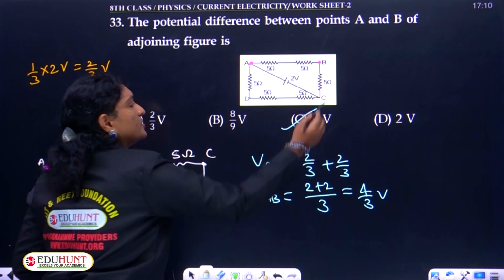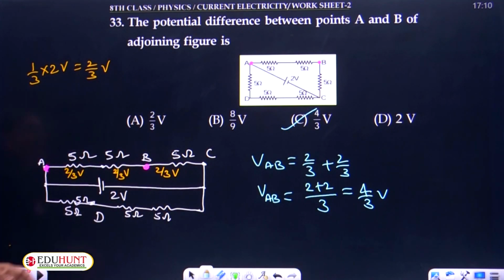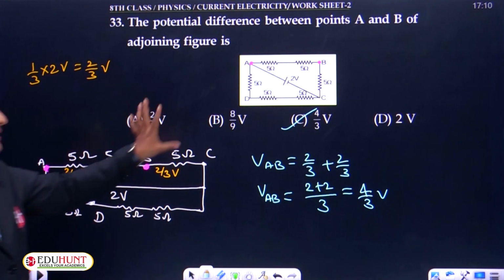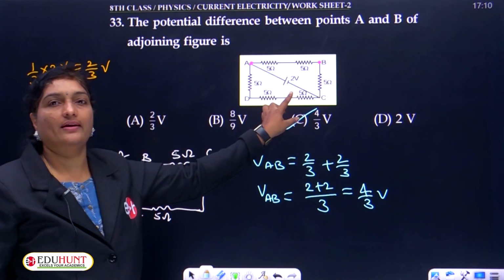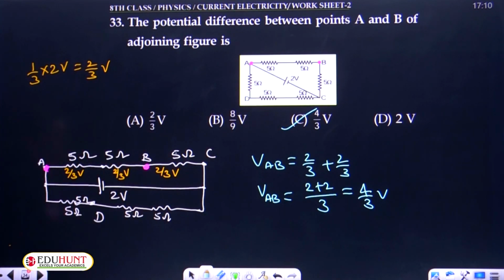Hence, the correct option is option C, that is 4/3 volts. I hope the concept is clear, children. So, identify where you need to find the potential difference and then do the sum accordingly.